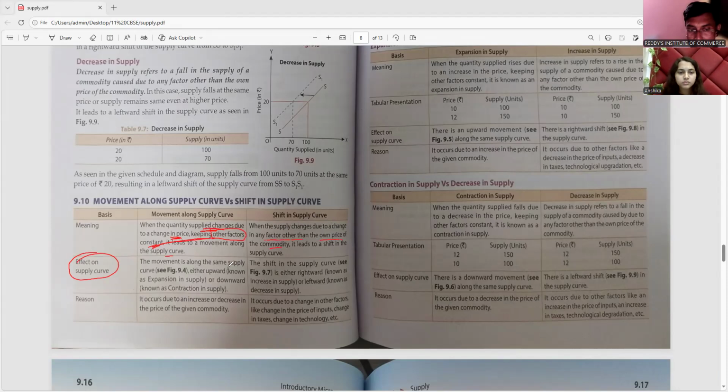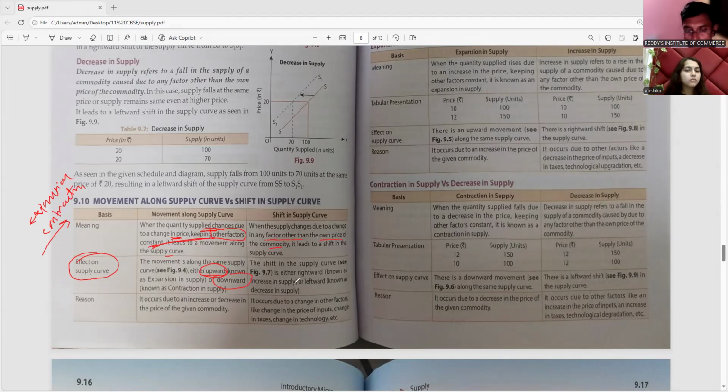The movement is along the same supply curve, either upward or downward. If it goes to the upward side, you can say it is an expansion. And if it goes to the downward side, you can say contraction. So this could happen in the movement along the supply curve.